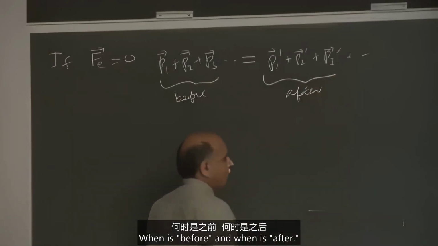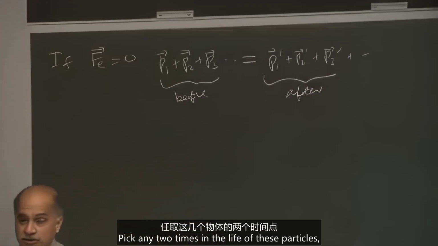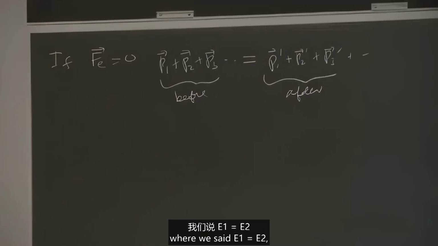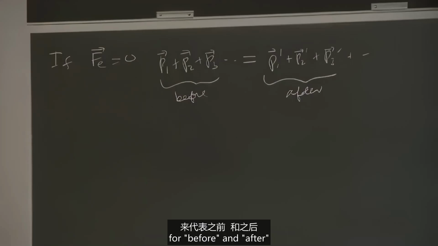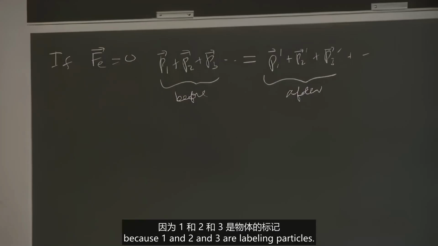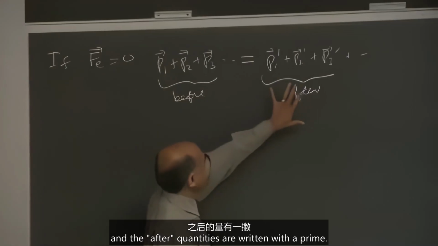And when is before and when is after? Pick any two times in the life of these particles. It's like the law of conservation of energy, where we said E1 equals E2. There, 1 and 2 stood for before and after. Well, here we cannot use 1 and 2 for before and after because 1, 2 and 3 are labeling particles. So the before quantities are written without a prime, the after quantities are written with a prime.